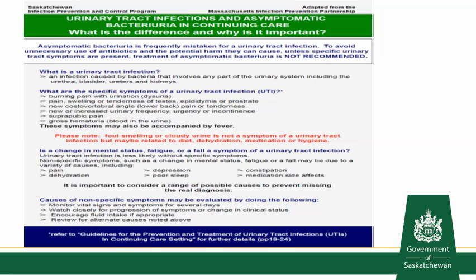Another information sheet that we have developed is urinary tract infections and asymptomatic bacteriuria in continuing care. What is the difference and why it is important? Again, it highlights the difference between the two and why it is important not to overtreat.